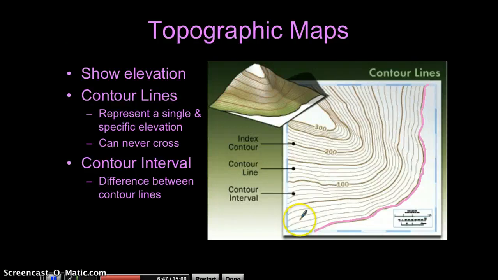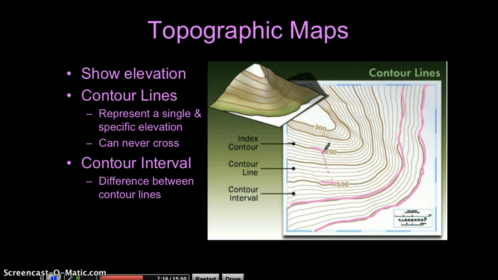So here, another contour line. We have all these in between. Those are all contour lines. A contour interval is the difference between two contour lines. So this is 100, this is 200. We have 1, 2, 3, 4, 5, 6, 7, 8, 9, 10 lines.